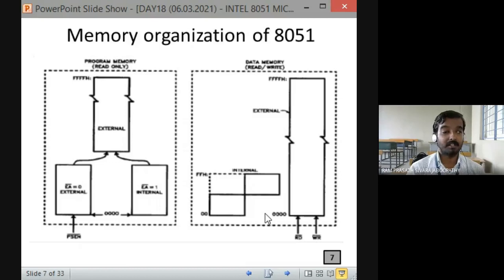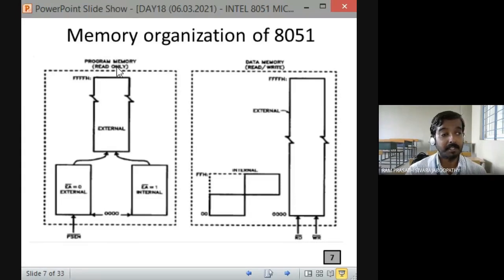Before getting into that, you can see this. You have different distinguishing signals to read the code from external ROM. Here you can see EA bar equal to 0 means what? The whole 64 KB, starting from 0000 to FFFF, is from the external ROM only. Is this diagram visible to all of you? On seeing this, what are you inferring?